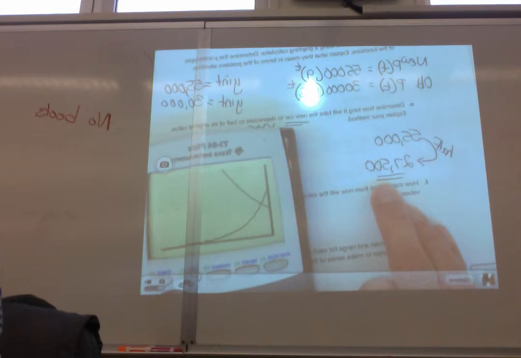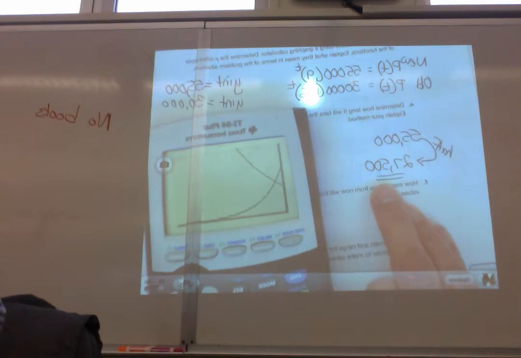I think the intersect feature works better if we only have that function in the graph. So let's go back to our y equals. I'm going to come down here and we're talking about the new car. So for now, I'm going to clear out the function for the old car.